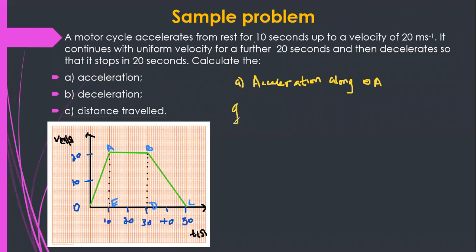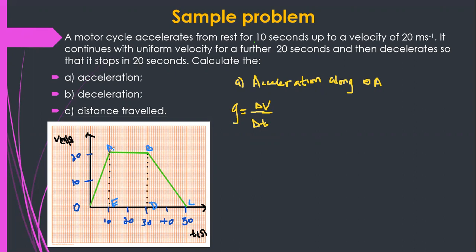So gradient is going to be equal to change in velocity divided by change in time taken. The change in velocity is AE, divided by OE.